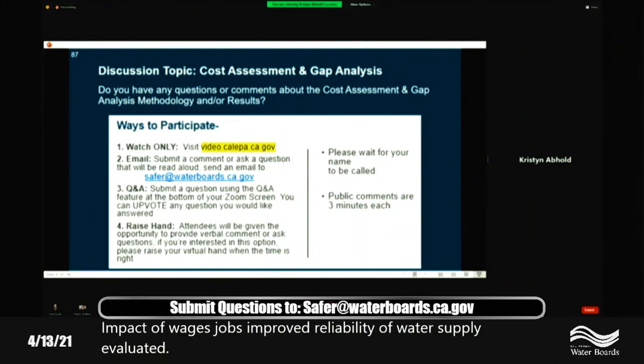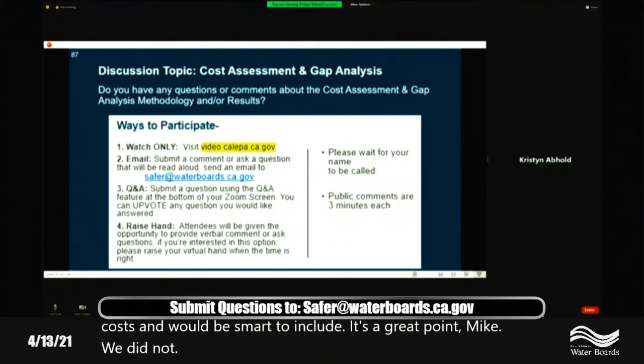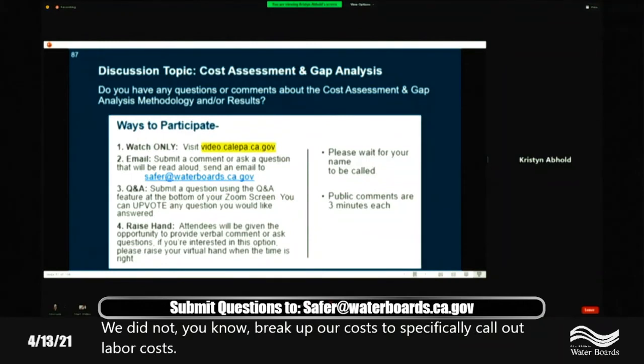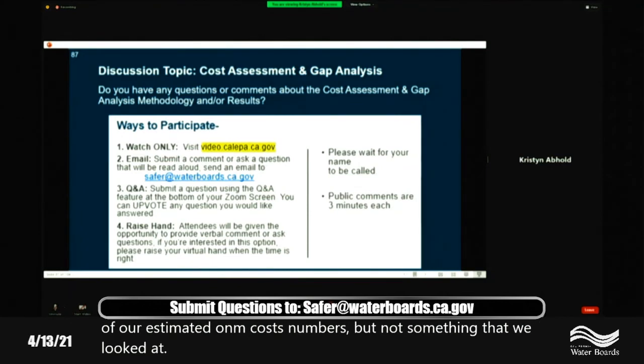It feels like a story about benefit associated with those costs and would be smart to include. It's a great point, Mike. We did not break up our costs to specifically call out labor costs, although you could potentially try to tease that out of our estimated O&M cost numbers, but not something that we looked at as part of the scope of this effort.